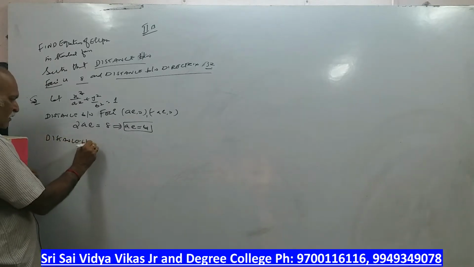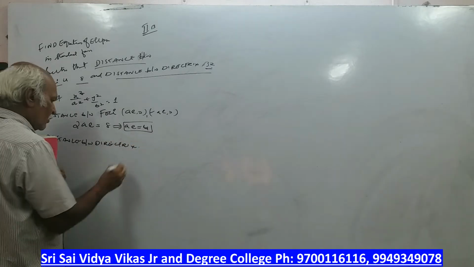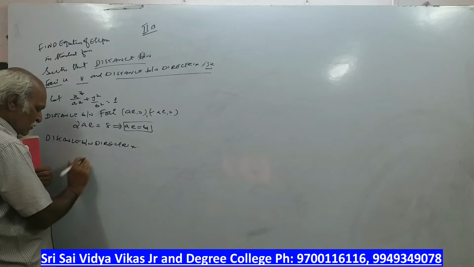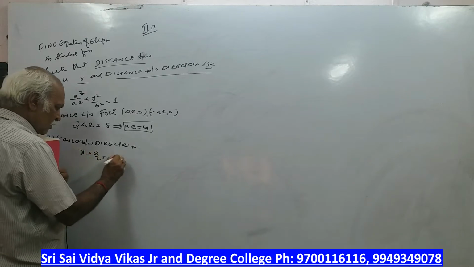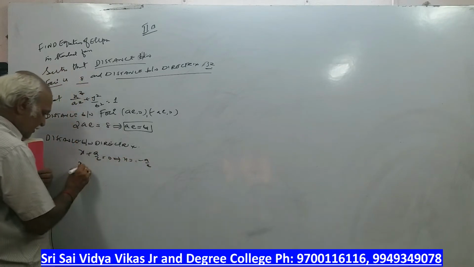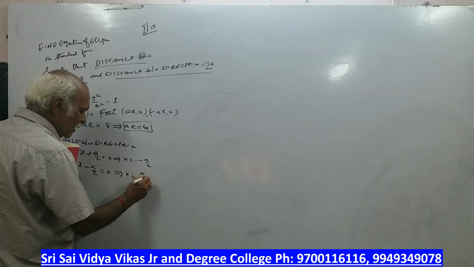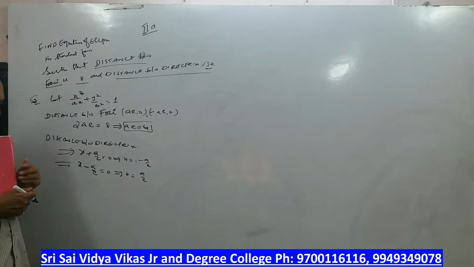Distance between directrix. Okay, look at here. Which will give you x is equal to minus a by e, x is equal to a by e. What I mean by this, we know directrix equation x is plus or minus a by e.